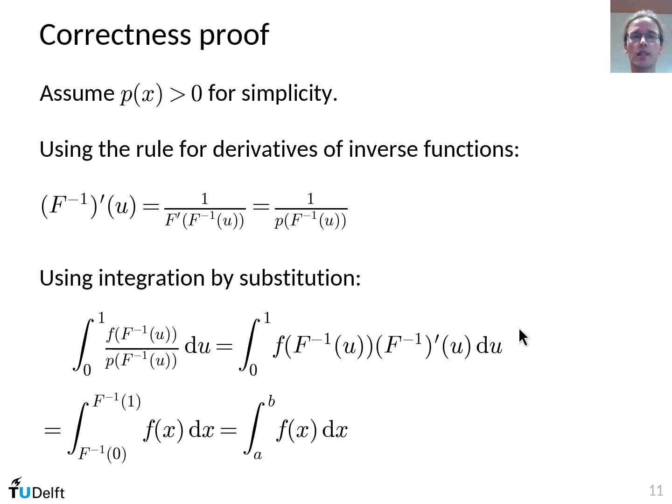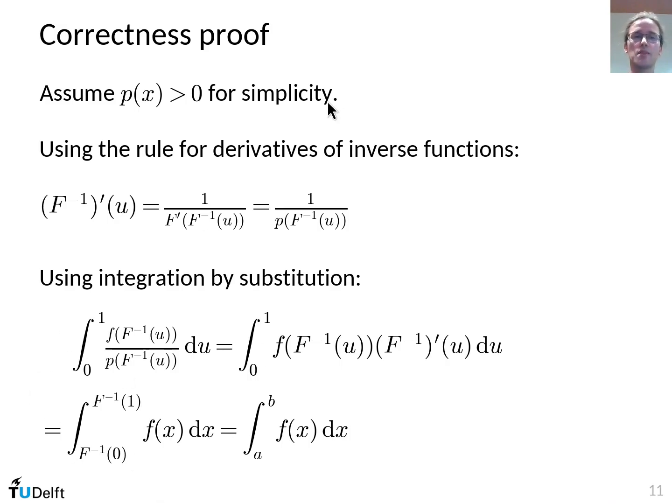So we can use integration by substitution, and then all that remains is f of x, and we are integrating this across the domain that's the image of the inverse CDF.